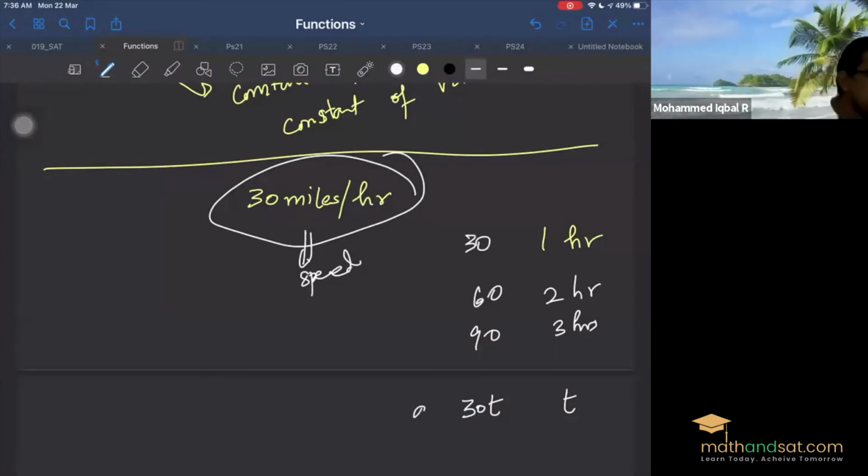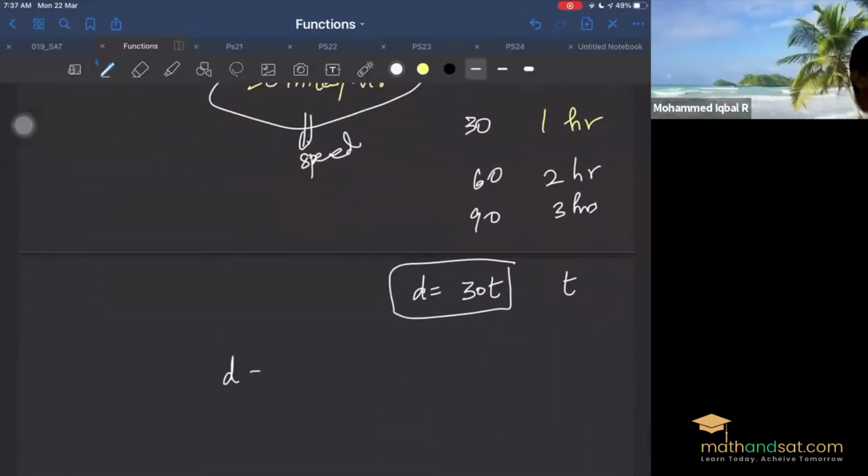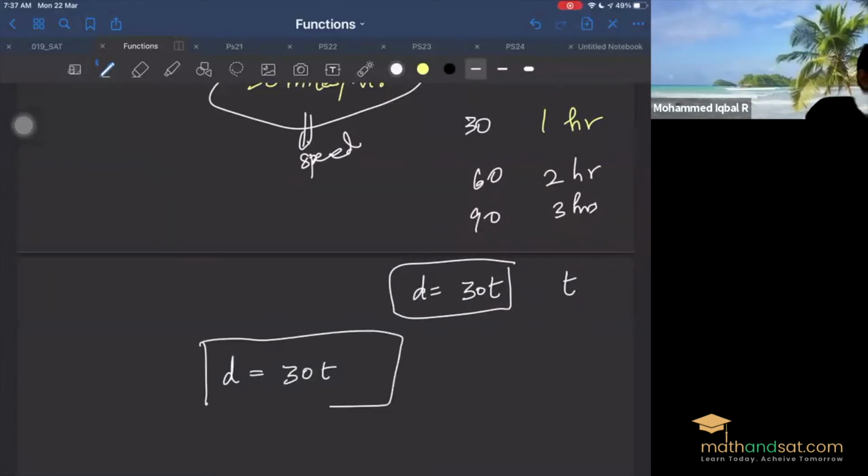So this is your distance covered. Your distance covered is equal to 30 times T. So if you put T is equal to 1 hour, your distance is 30 miles. If you put T is equal to 2 hours, you get 60. For 3 hours, you get 90. In 10 hours, you can cover 300 miles. Got it?